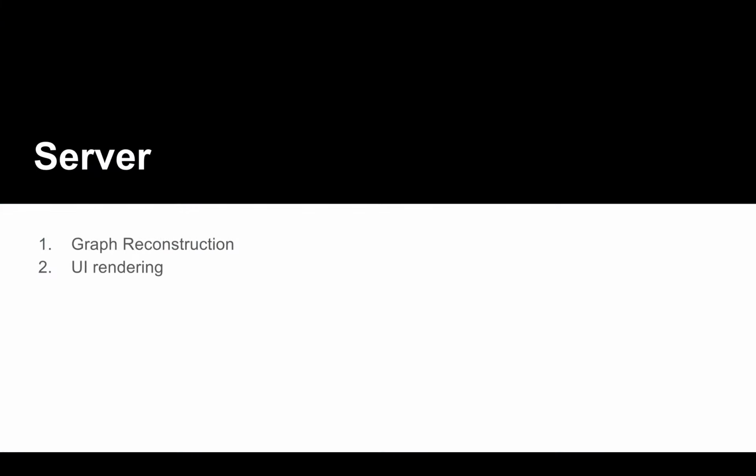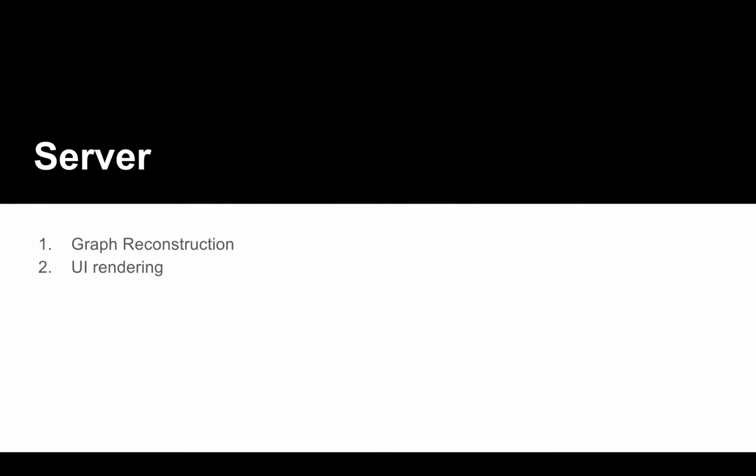The server is pretty simple. It has the output of the agent. It can give you the object IDs and the events that they're associated with, but it doesn't build that nice intuitive graph that's rendered on the screen.